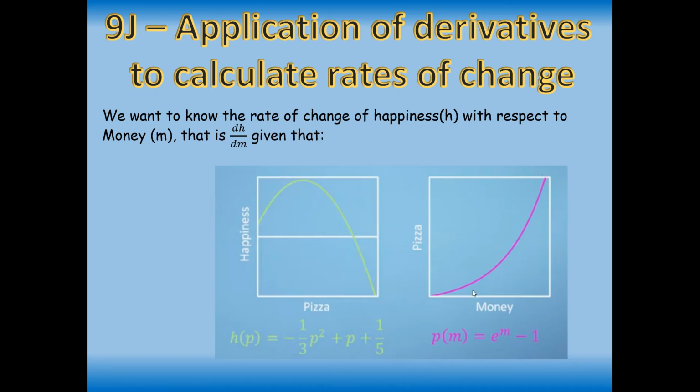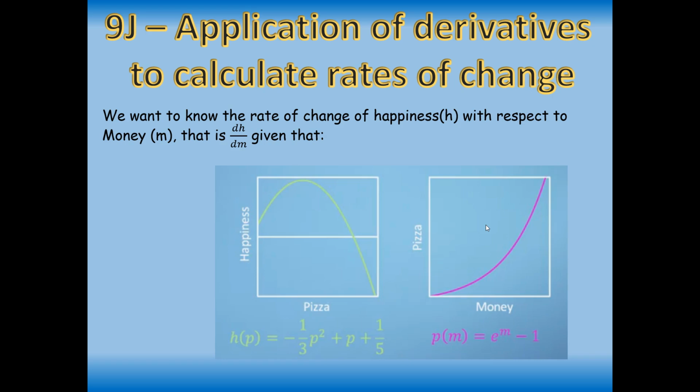The more money that we have, the more pizza we can buy, right? But that doesn't mean that necessarily our happiness will rise. So we want to know at what point we'll be fully satisfied and with how much money our happiness will be satisfied on a given day.